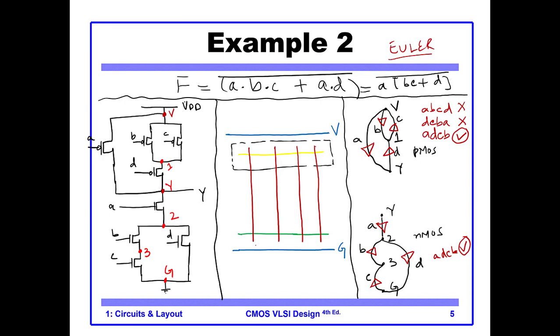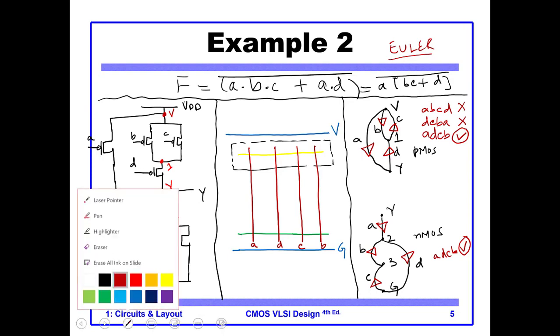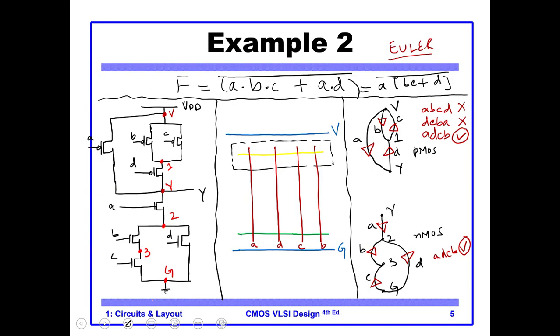So we can write A, D, C, and B. So these are our poly lines. Now it's quite simple to draw the other things. So for example, let's say we want to start with the Nmos.